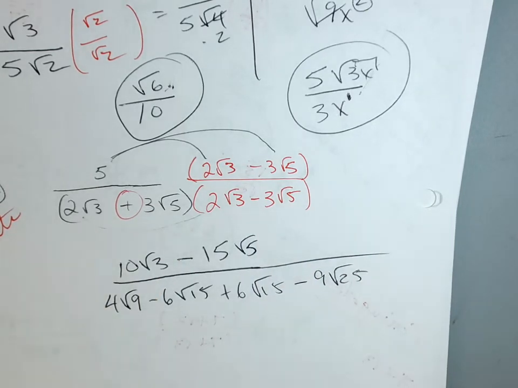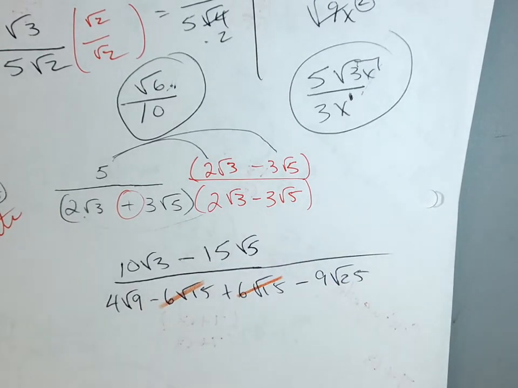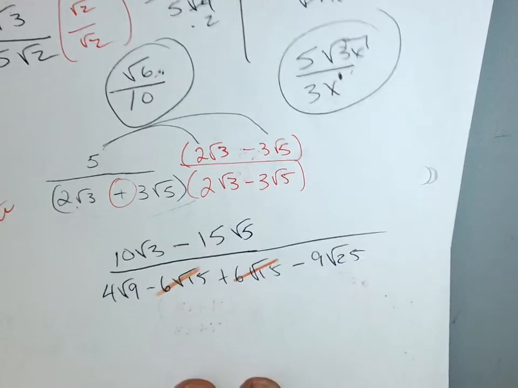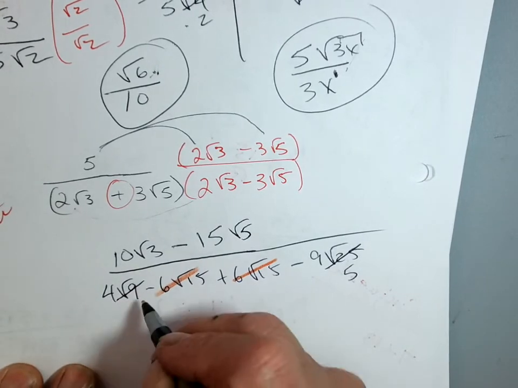Now, all our square roots are going to drop out of the bottom because these two are opposites. That's always going to happen with the conjugate. And then square root of 25 is 5, and the square root of 9 is 3. So let's see what we got.